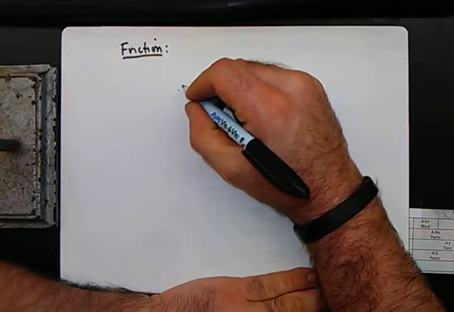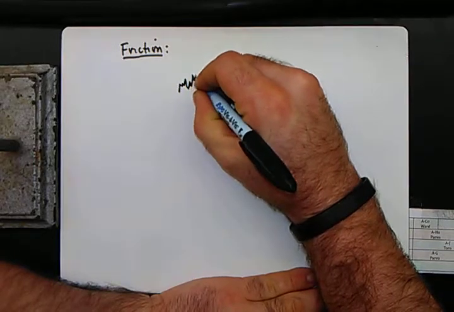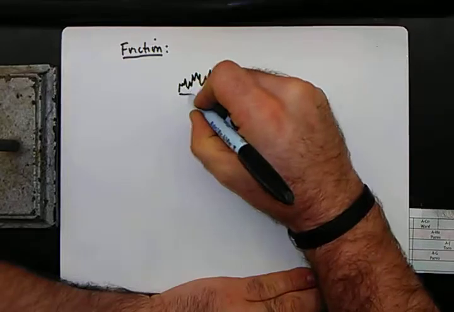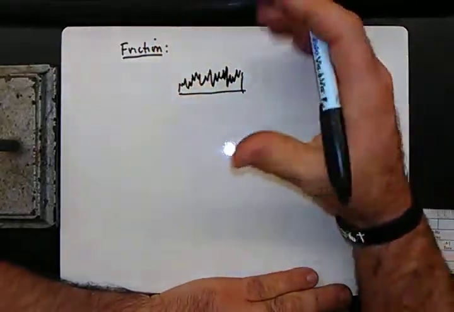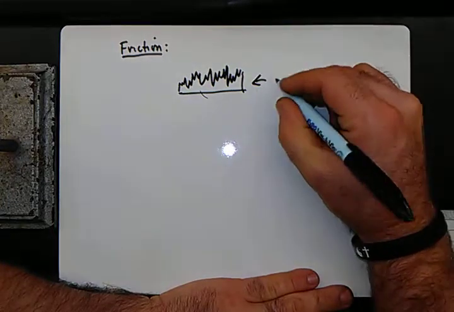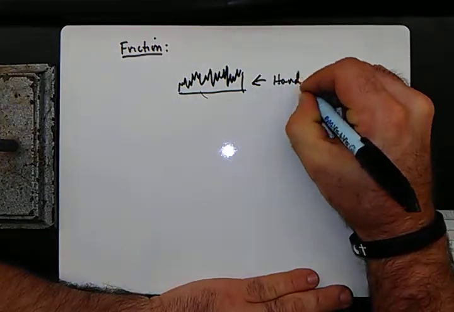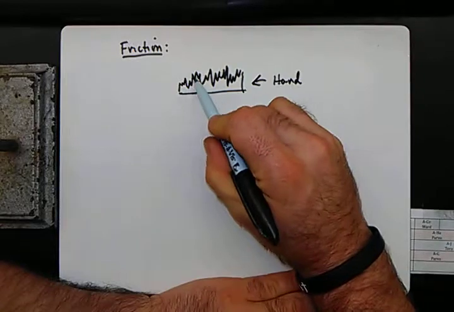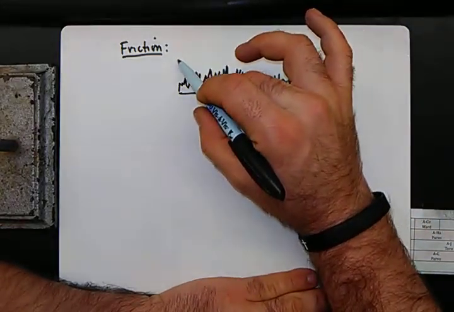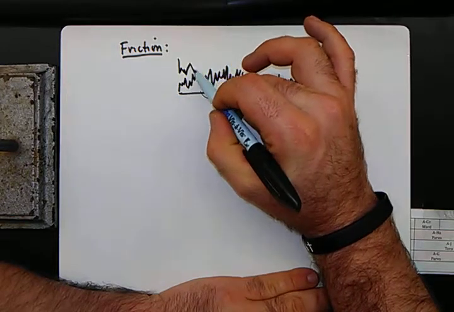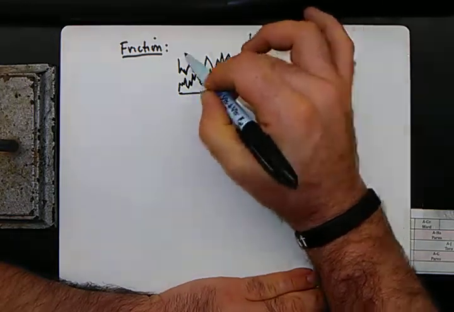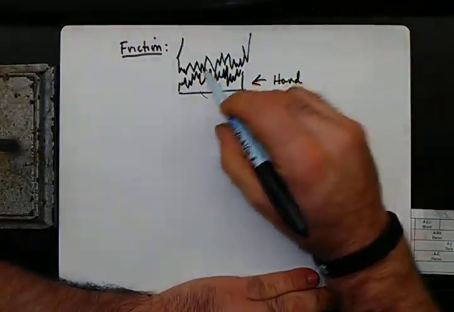If you look at surface number one, here's an artist rendition of surface number one, all blown up. Let's say this is a surface of a hand, all blown up, and you've got the peaks and valleys. And let's say you've got another hand here that you've magnified quite a bit.